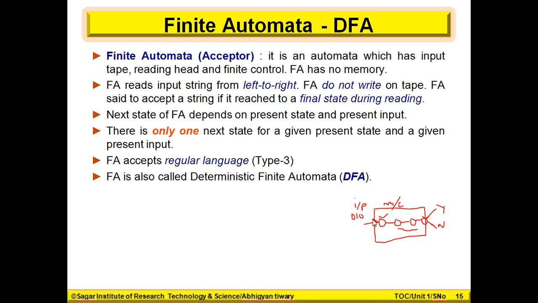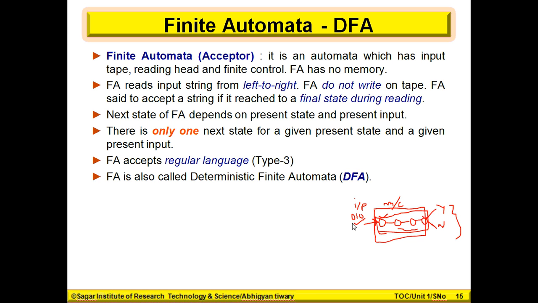Whatever input we give this machine, the number of states should be finite. Automata means this machine is going to work automatically by taking some kind of input, and it is going to give you output.